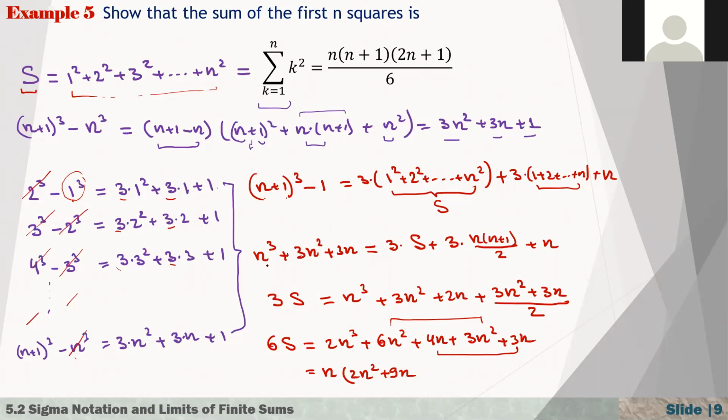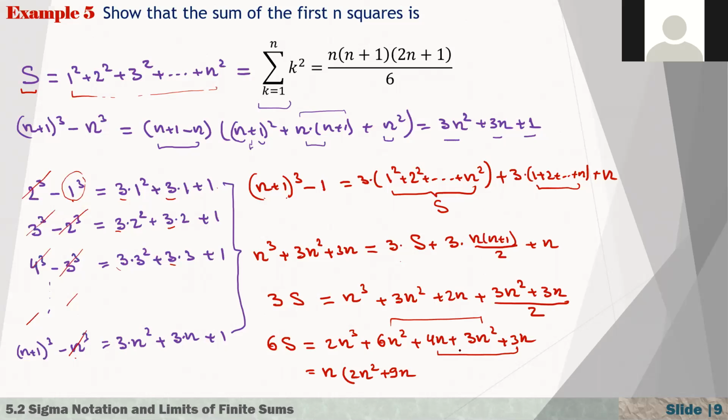Okay, 2n cubed plus 6n squared plus 2n, it is 4n. Okay, now here we have 6S. So here we have 3n squared plus 3n. Okay, n is out.